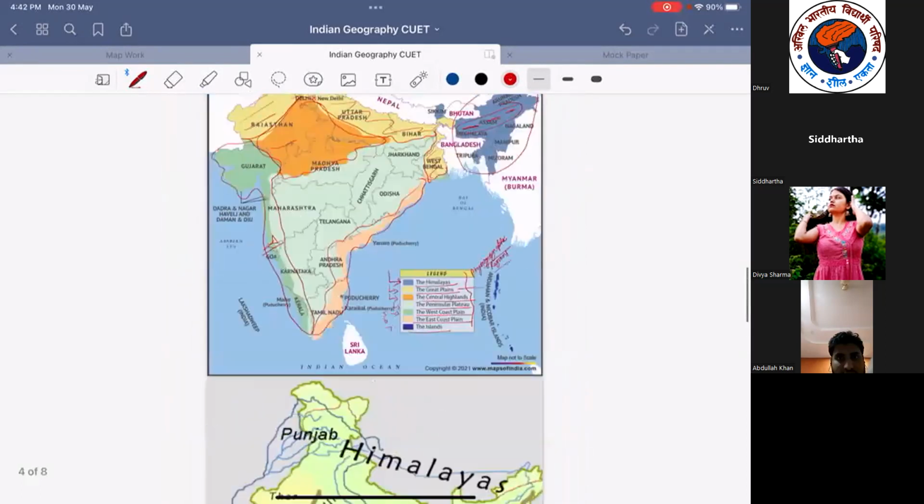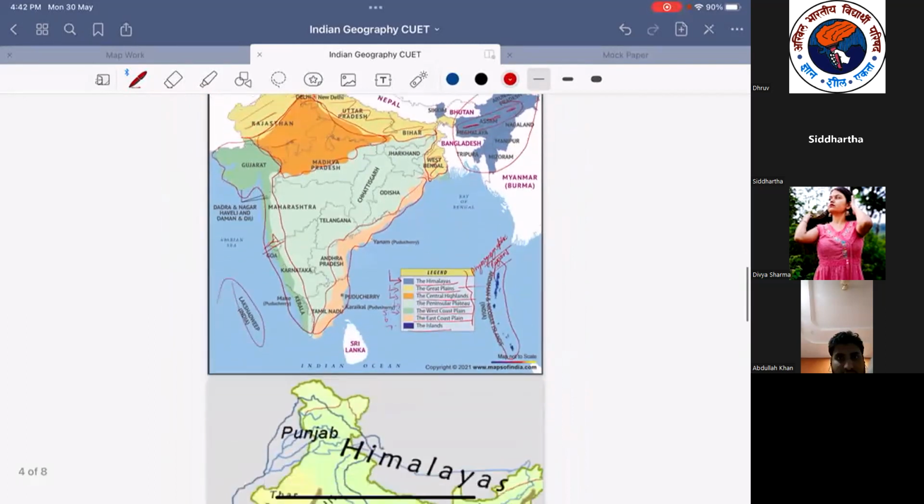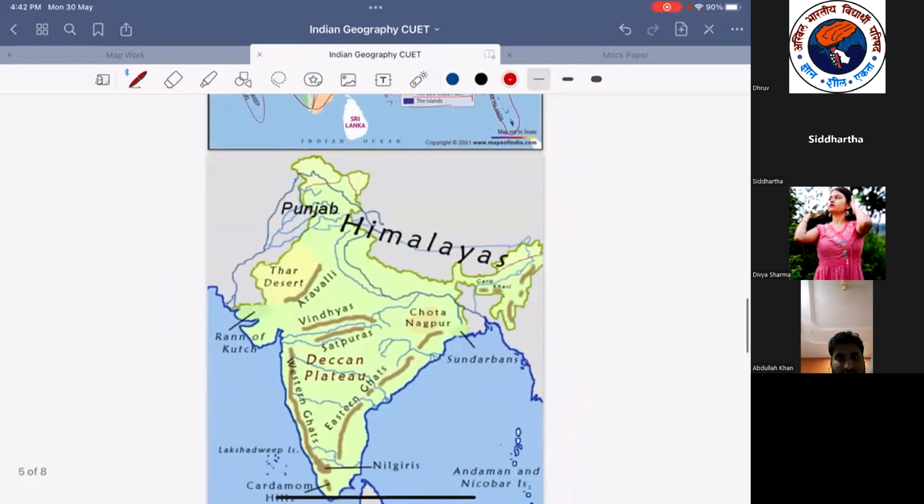Then after this, the physiogeographical regions, the islands. We have Andaman and Nicobar, Indian islands, then Lakshadweep is an island. After this, you will come to learn ranges. Ranges are very important.